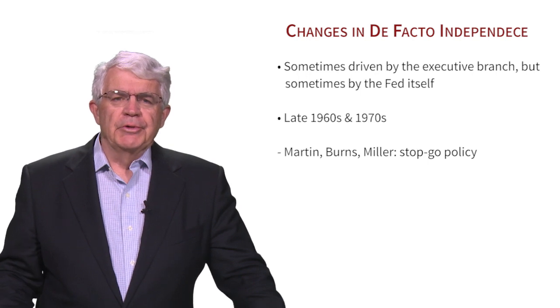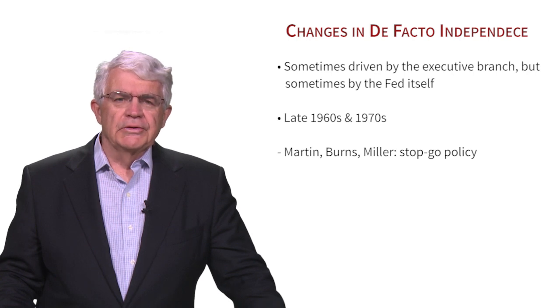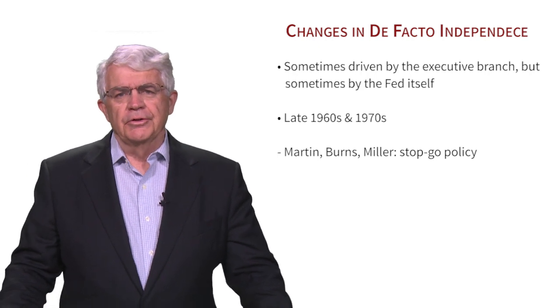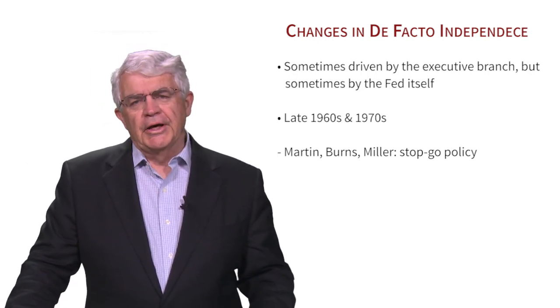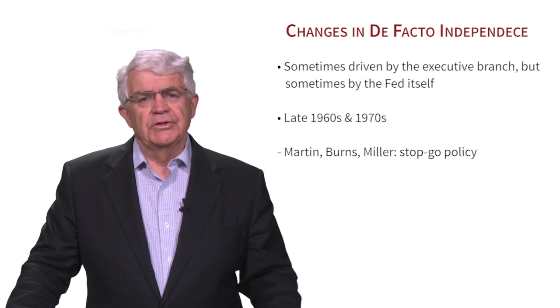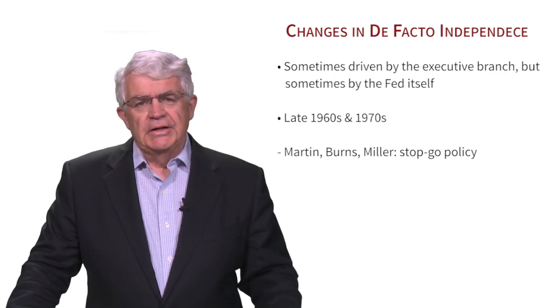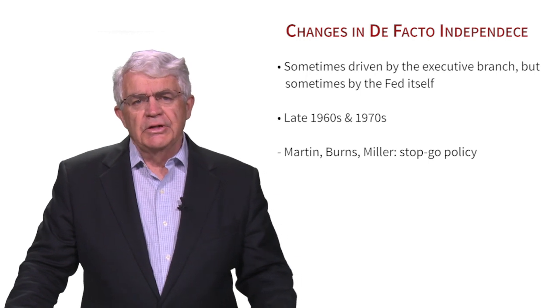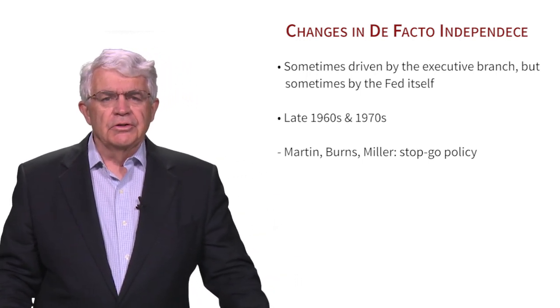Arthur Burns, appointed by Richard Nixon, started doing the same kind of things. You saw inflation start to rise and the business cycle started getting worse. G. William Miller, appointed by President Carter, all were, if you like, making the Fed less independent, and the policy deteriorated. In the 1980s and 1990s, I think at least until recently, it went the other direction.